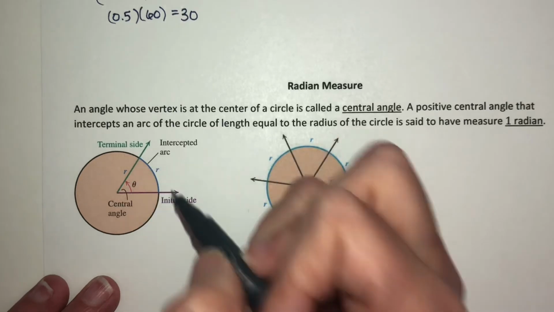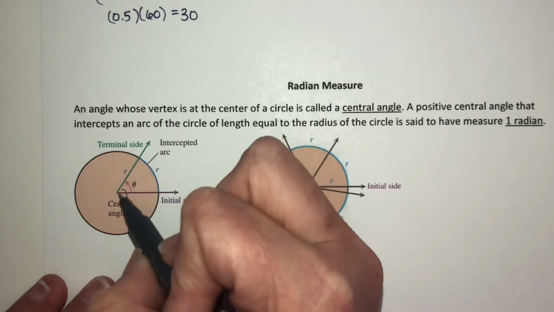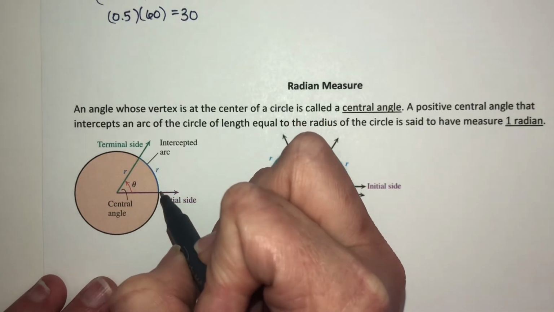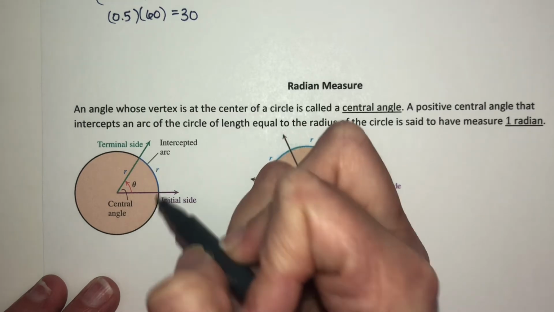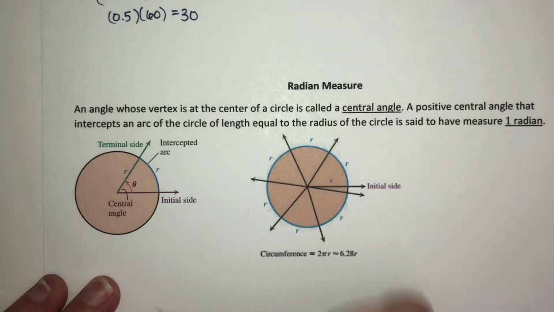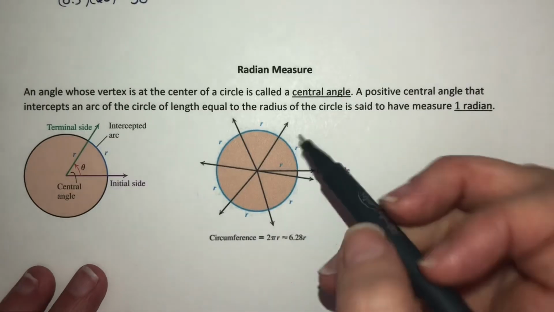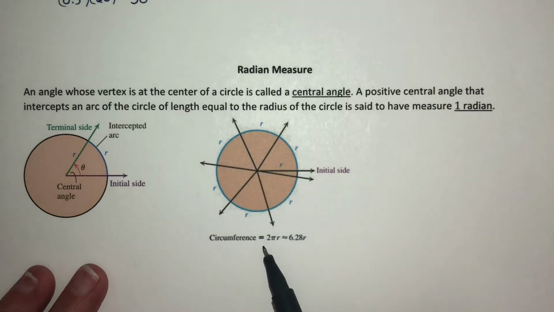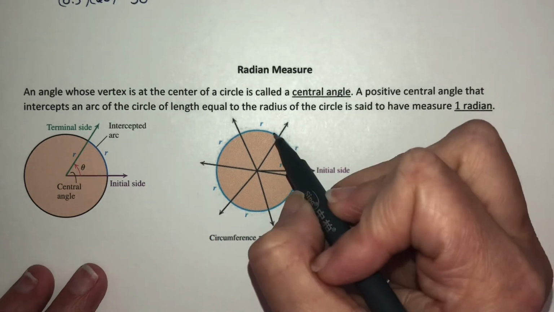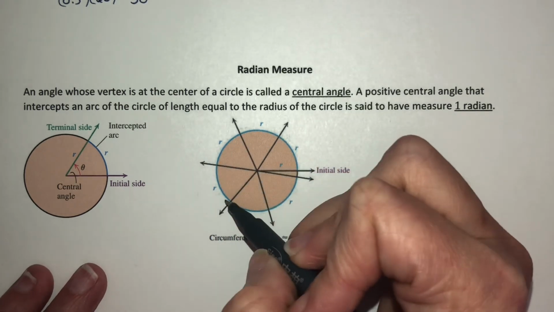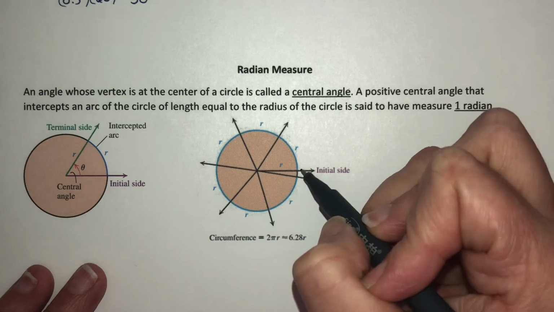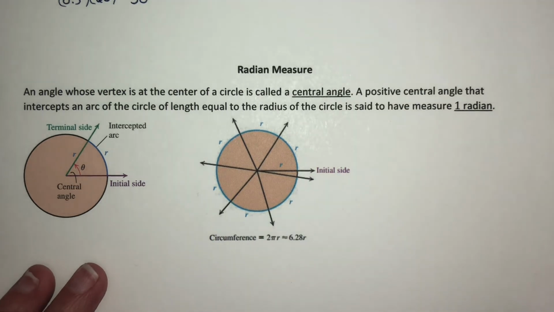So basically, here's our radius length, and then this measure along this portion of the circle, if they are the same, then this is 1 radian. And here you can see that the circumference of a circle we know is 2 pi r, which is approximately 6.28 radians. Because here's 1, 2, 3, 4, 5, 6, and a little bit.